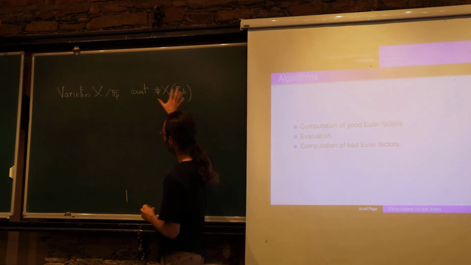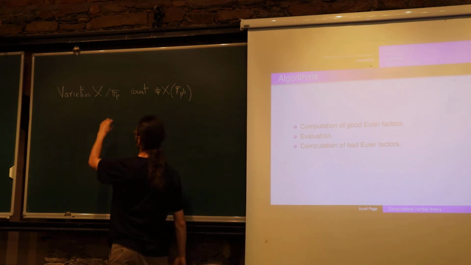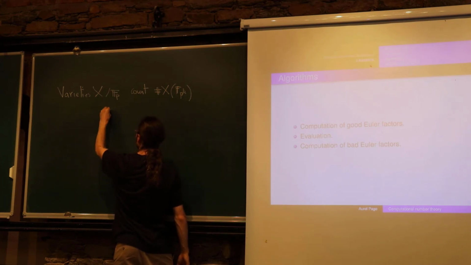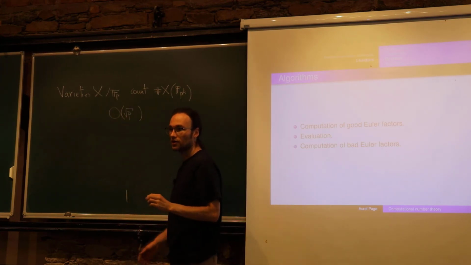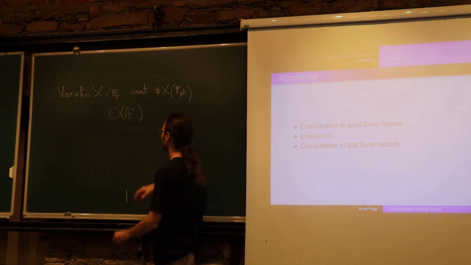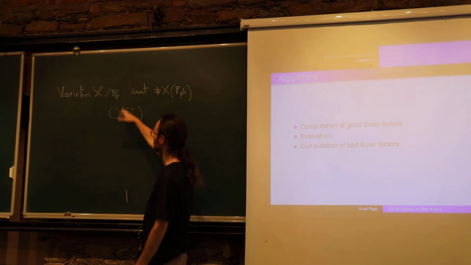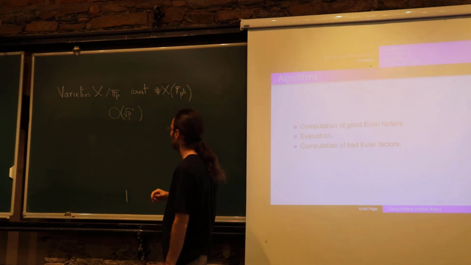For general varieties, we don't quite have a polynomial time algorithm, but we have something which is polynomial in terms of various parameters, but there is an O(p), or even in some good cases O(square root of p), factor. So that's not quite polynomial. That's actually exponential with respect to the size of the finite field.